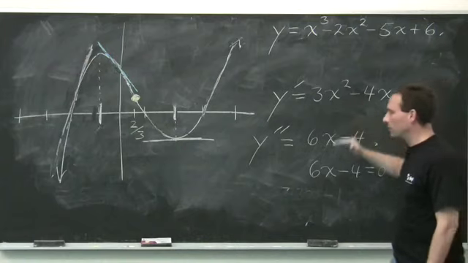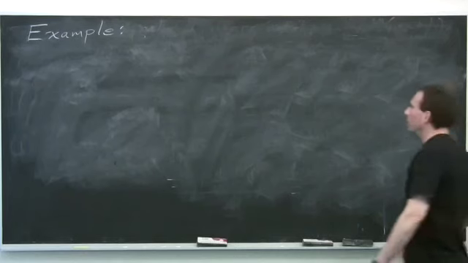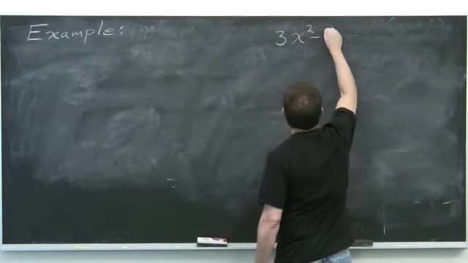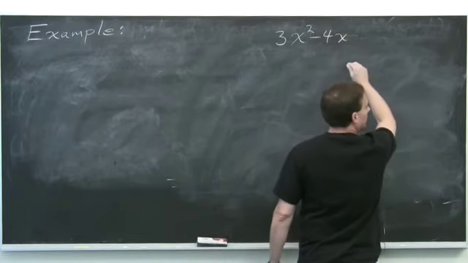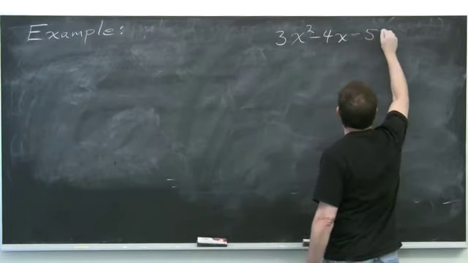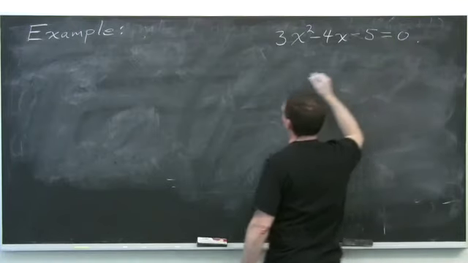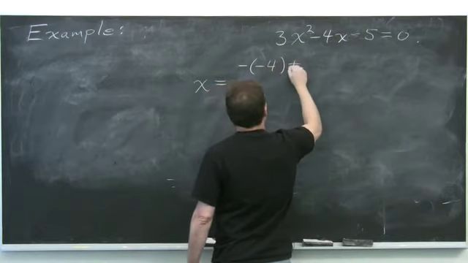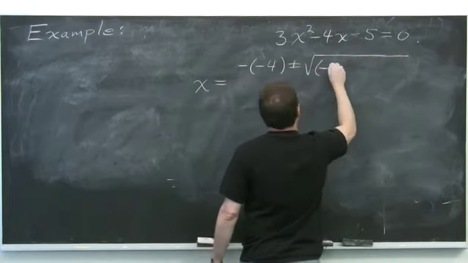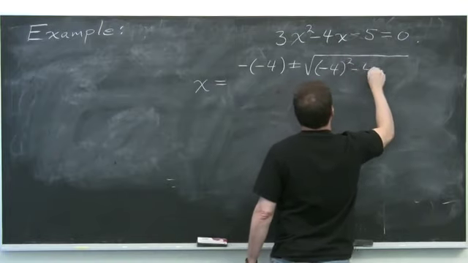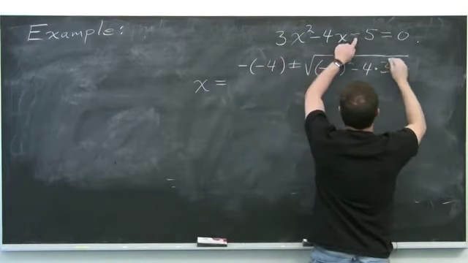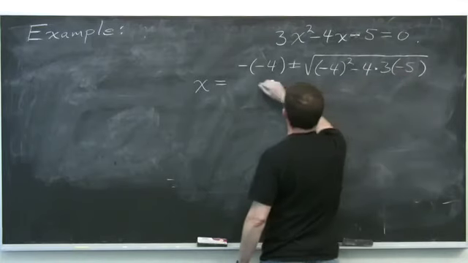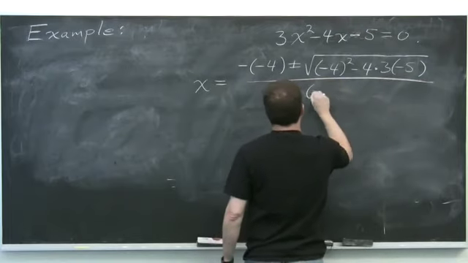We all know the quadratic formula. So you set 3x squared minus 4x minus 5 equal to 0, and you solve. Quadratic formula, x is negative b, so negative 4, plus or minus the square root of b squared, that's minus 4 squared, minus 4 times a times c, all over 2a, which is 2 times 3, so 6.